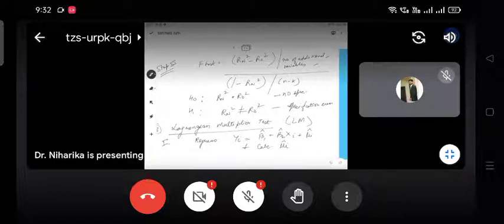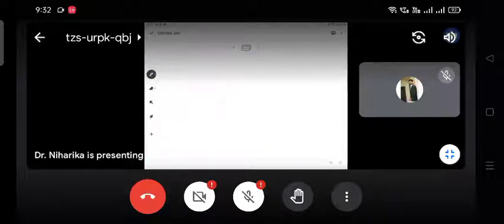Then second step. So according to this LM method, they've given a relation between mu i and x i. So mu i cap is written as alpha 1 plus alpha 2 x i plus alpha 3 x i square plus alpha 4 x i cube plus some error term v i.